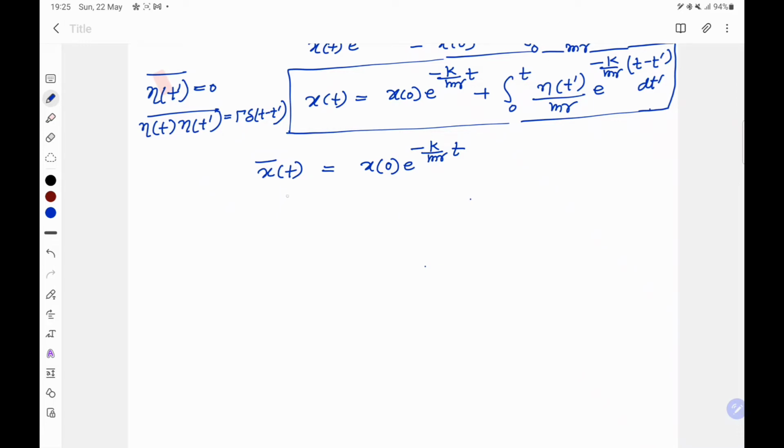Now we want x square. So x square will be, if you take the average again over the initial conditions, then you will have x0 average e to the power minus kappa over m gamma t.